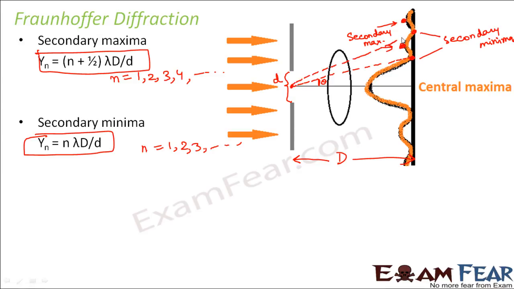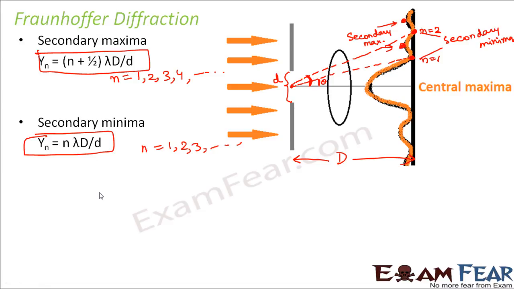Similarly, this angle gives the angular position of the second secondary minima, or secondary minima of second order. Corresponding to n equal to 1 is the first secondary minima, n equal to 2 is the second, and similarly third order, fourth order and so on. By knowing this theta, you can calculate the angular positions of the corresponding maxima and minima.